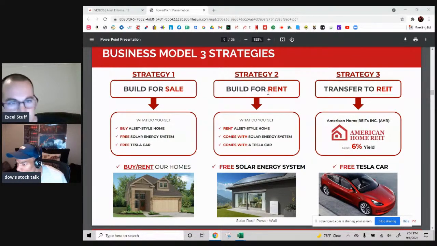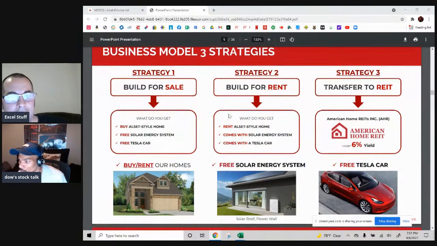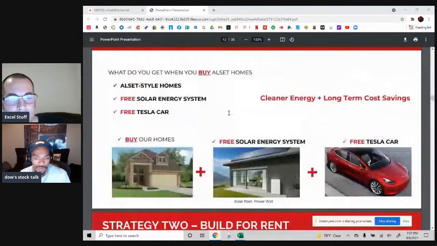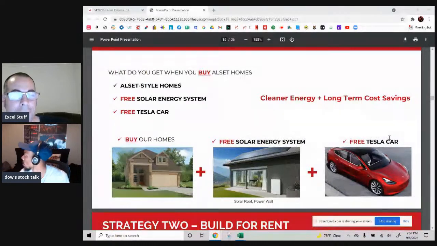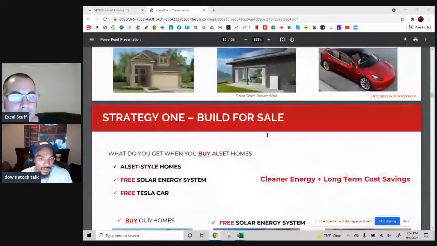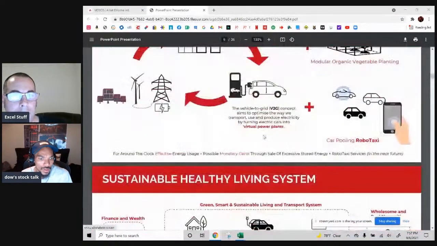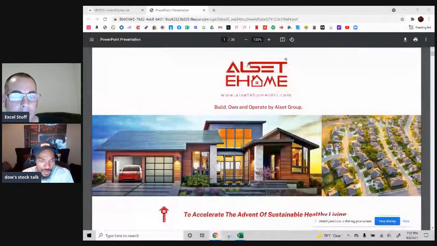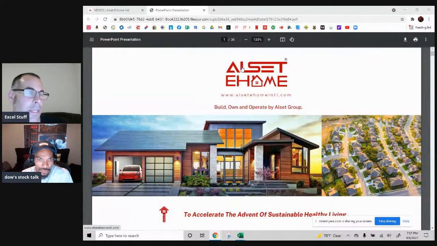So that's their 3 business models. And they have to use Tesla. Look at the name of the company. It's Allset, A-L-S-E-T, Allset Ehome. That's the name of the stock, if you Google it, and its ticker is AEI.